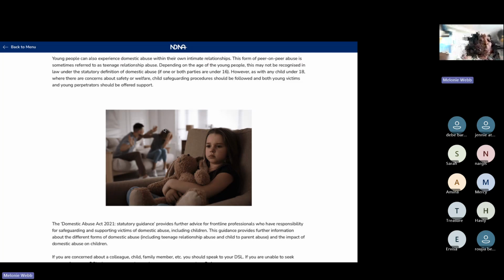I think that's more along the lines of what they're saying, rather than we're not going to recognize it because teenagers don't know how to manage their emotions. So if they go to the police, it's not recognized in law as domestic abuse, but it could be recognized as a different type of abuse.